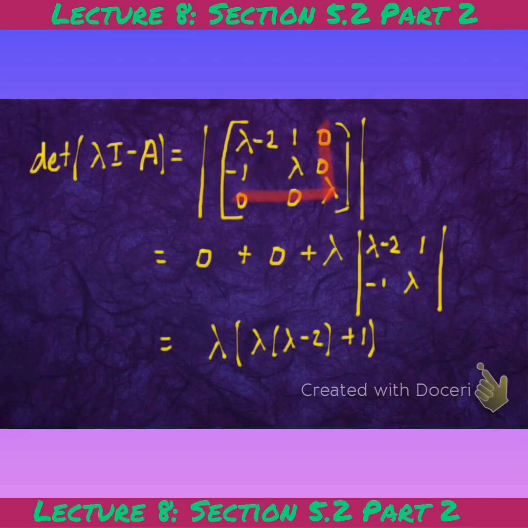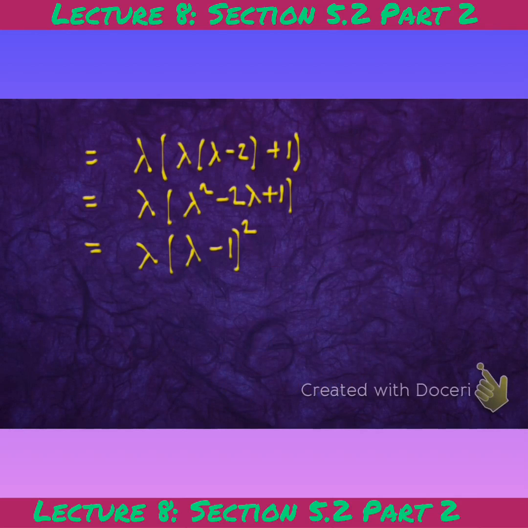Right, so that becomes lambda times lambda squared minus 2 lambda plus 1. So that reduces to lambda times lambda minus 1 squared.